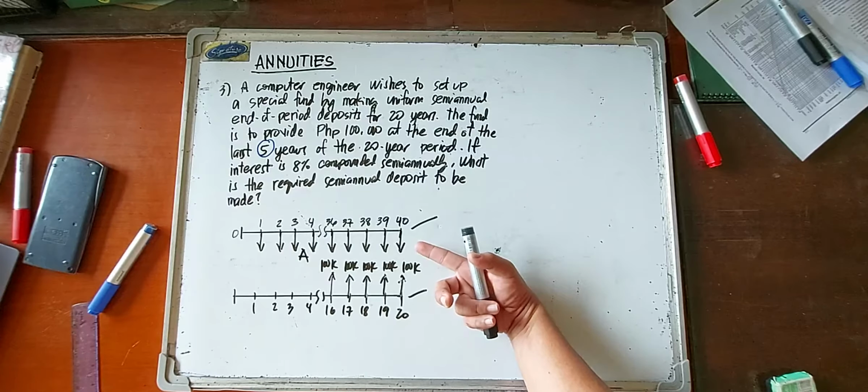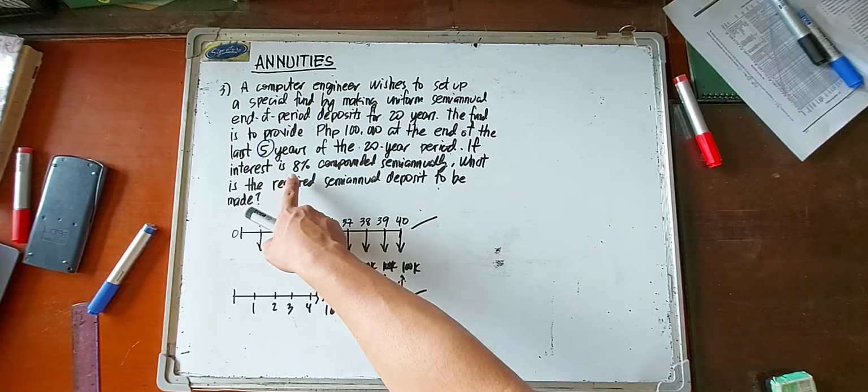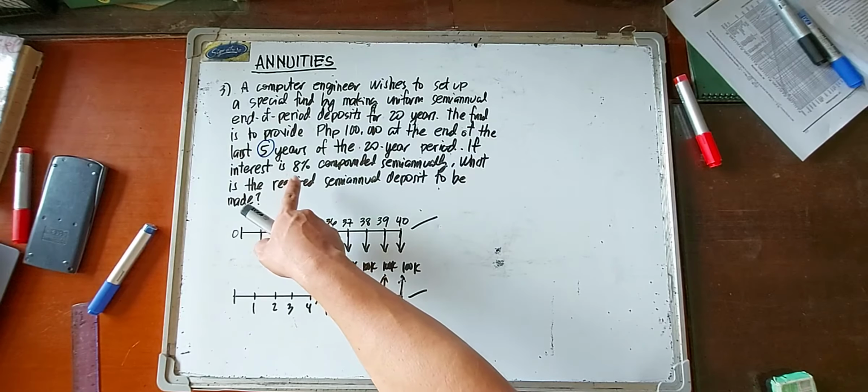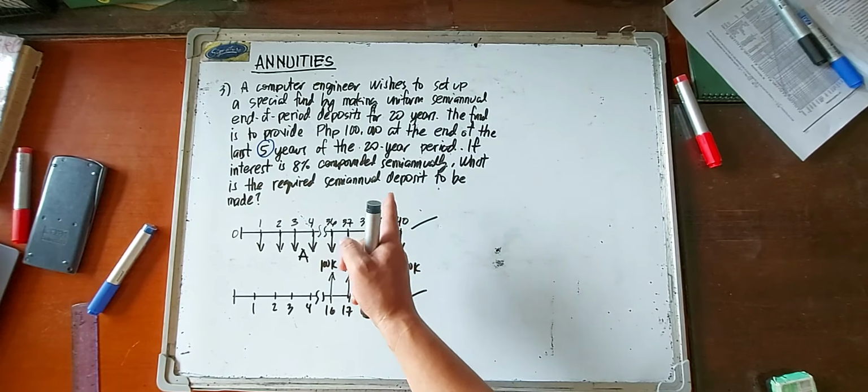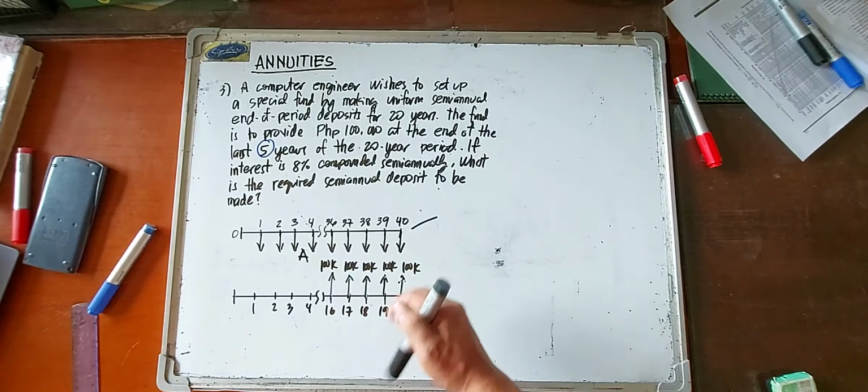Okay, so we will use the equation of value to solve for the semi-annual deposits. Okay, and we need also to look into the interest rate. So the interest rate is 8% compounded semi-annually. Okay, yan yung interest rate natin.